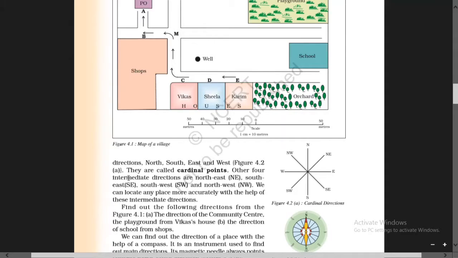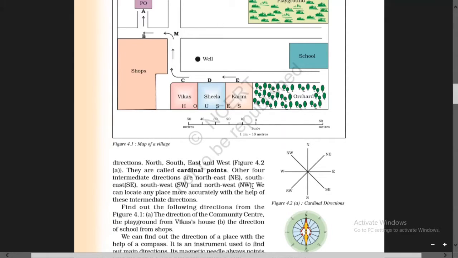So here, figure 4.2a. North, south, east, and west are called cardinal points. The other four intermediate directions are northeast, in short written NE, southeast SE, southwest SW, and northwest NW.